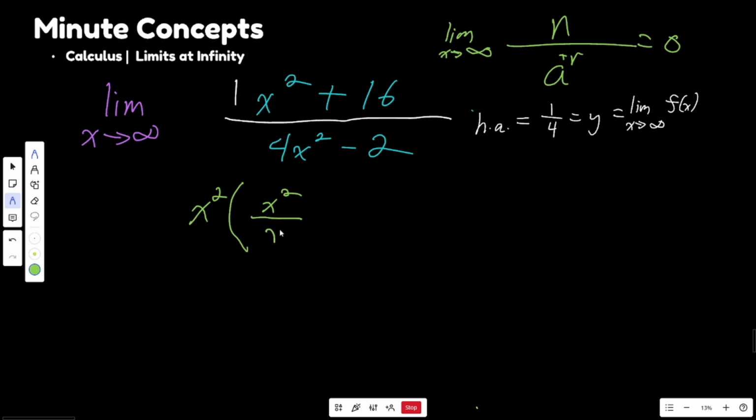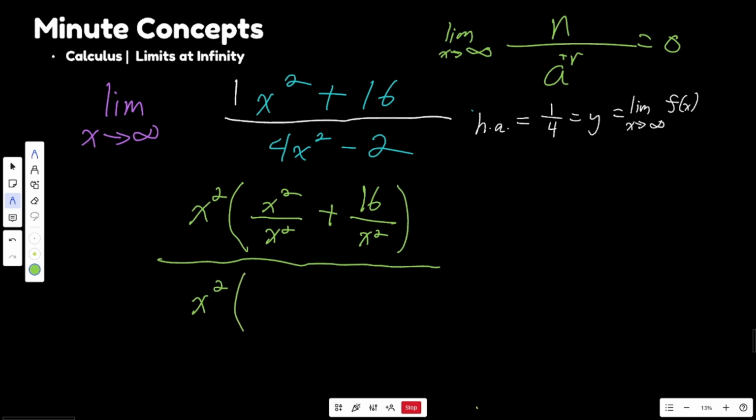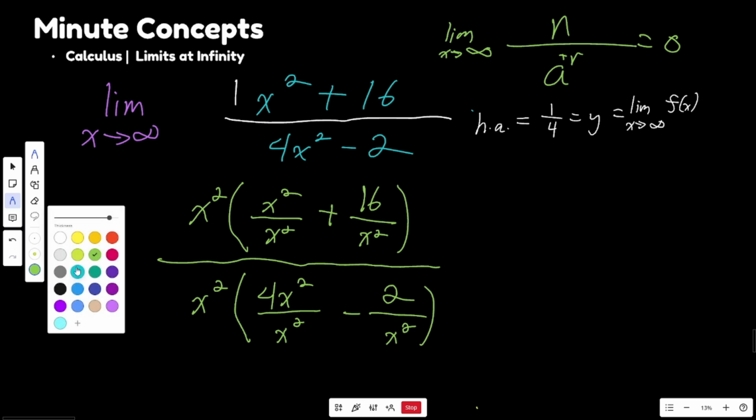x squared over x squared plus 16 over x squared. And this is over x squared on the bottom. 4x squared over x squared minus 2 over x squared. And don't forget to rewrite the limit statement.